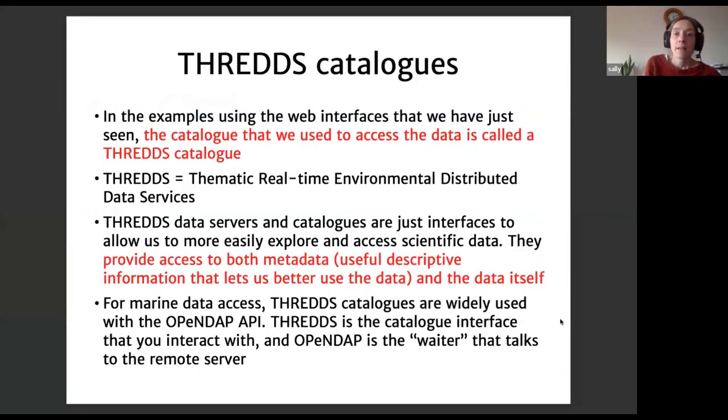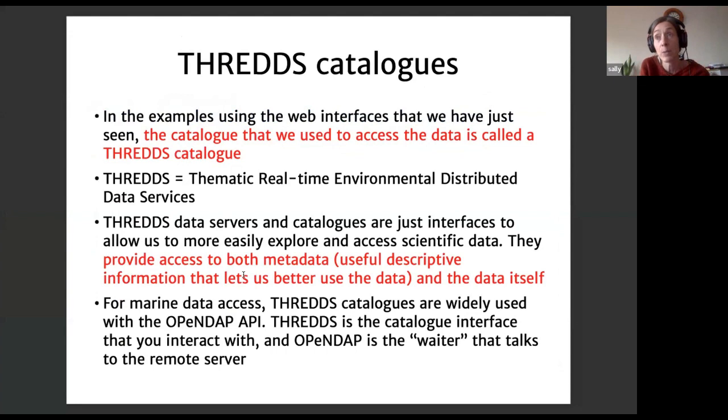This threads catalog is the web interface behind which OpenDAP, this API, is going to talk to the data store. The threads catalogs are just interfaces that allow us to explore the data that we're trying to access.